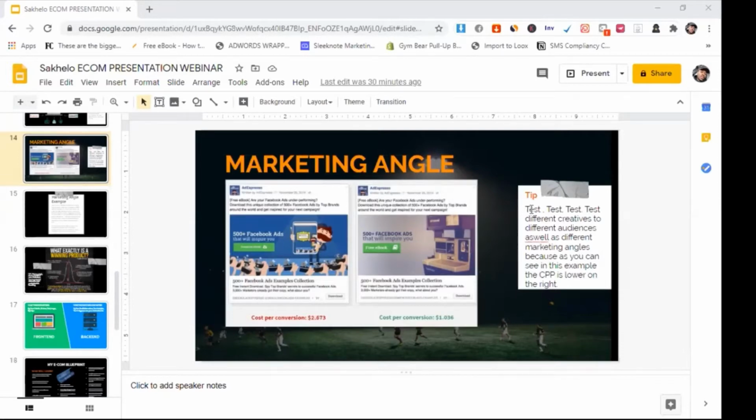So you have to test different creatives, find the right audiences, and see which marketing angle is going to provide you a lower CPP, like the one on the right has.